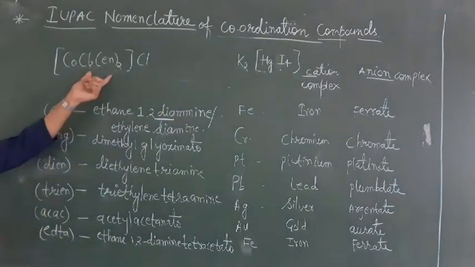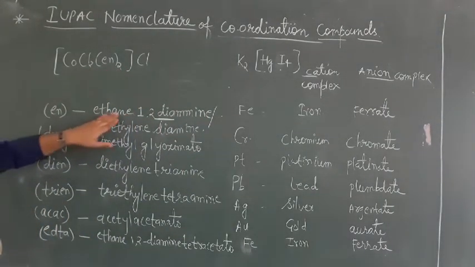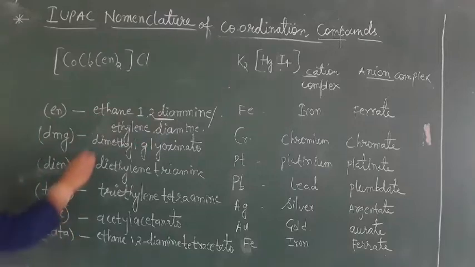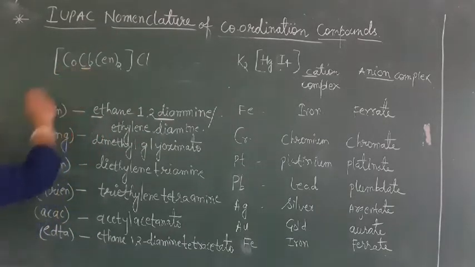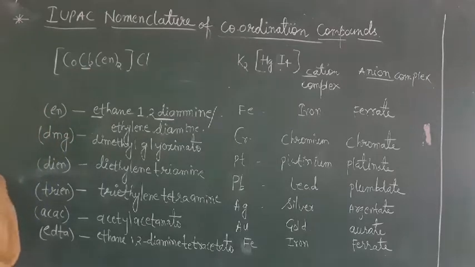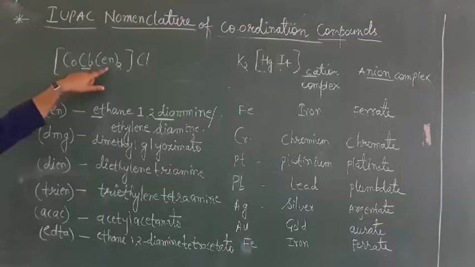Now the full name is ethane-1,2-diamine, so E is here, and chlorido, C comes here. So we have to look at alphabetical order: C comes first, then E.